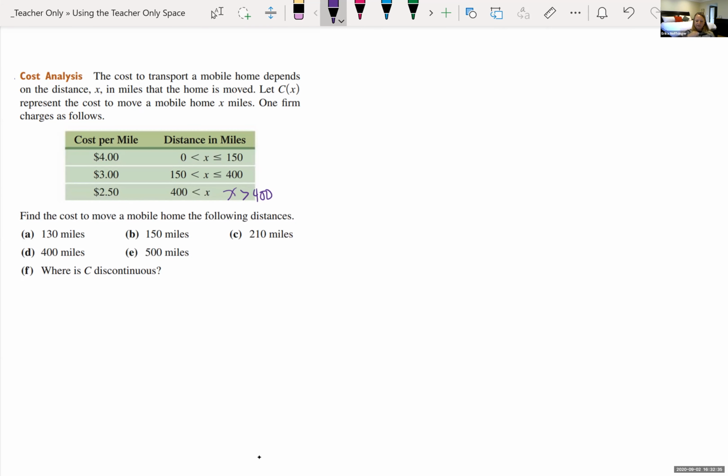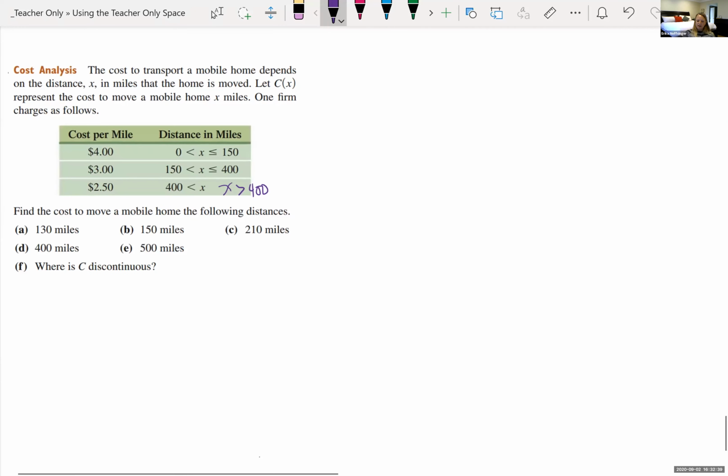So we want to find the cost of the mobile home if you're going to drive 130 miles. So C of 130, we'll go over here and see which piece 130 falls in. Well, 130 is less than 150, so we know they're charging $4 per mile.